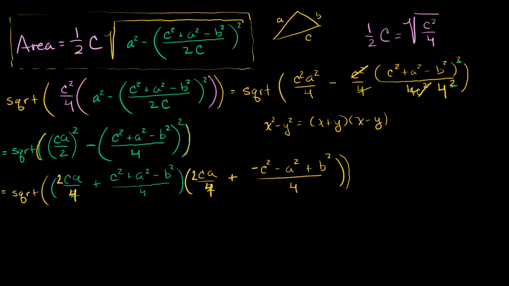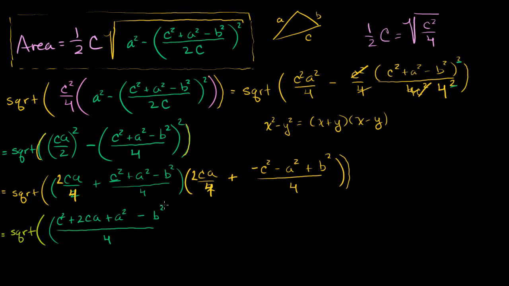So our whole expression is now going to be equal to the square root of this first expression, which becomes c squared plus 2ca plus a squared minus b squared, all of that over 4.